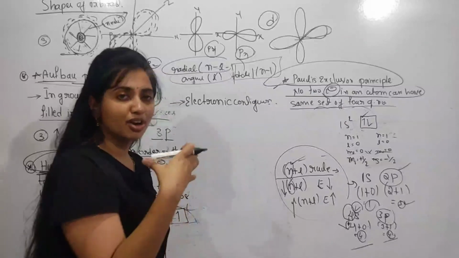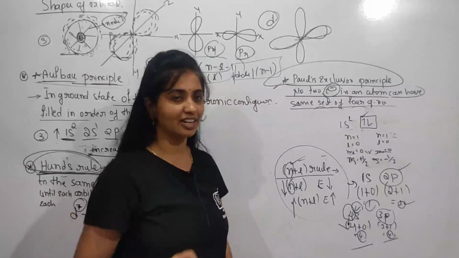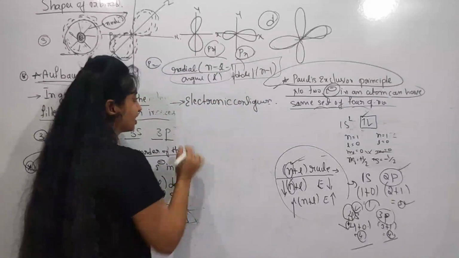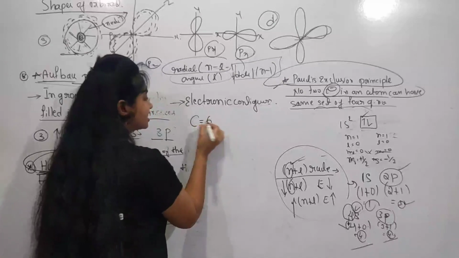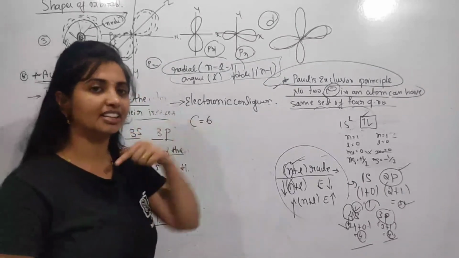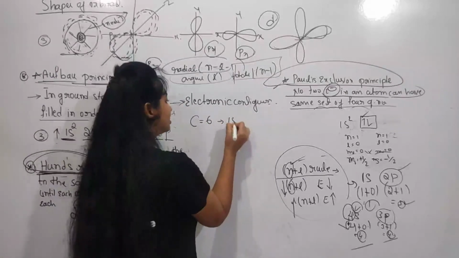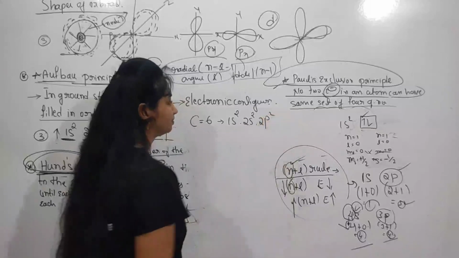The distribution of electrons in their orbitals is called an electronic configuration. Like carbon having the atomic number 6, meaning having 6 electrons. How are these 6 electrons distributed in their orbitals? Like 1s2, 2s2, 2p2.